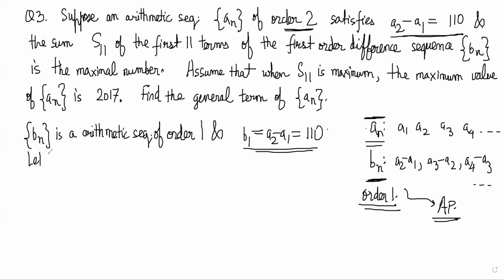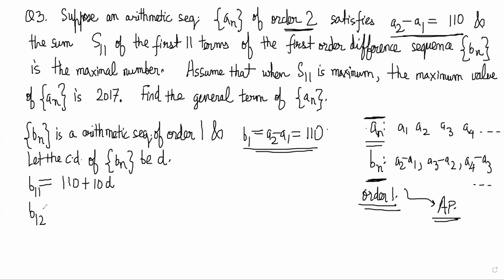Let the common difference of Bn be D. Then what we know is that B11 would be 110 plus 10D, right? Correct. And what is B12? B12 is 110 plus 11D, right?